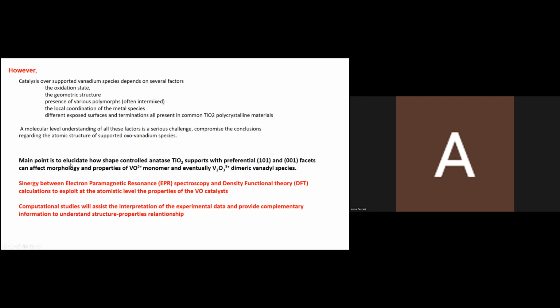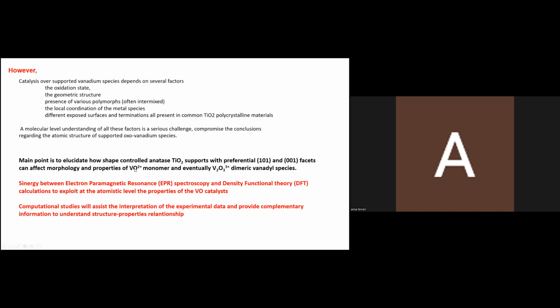And now we want to understand how the properties of these vanadium complexes depend on the surfaces on which the species are grafted, and also if this support can promote the formation of monomeric vanadium, or eventually also dimeric species. And so we focus on this problem.